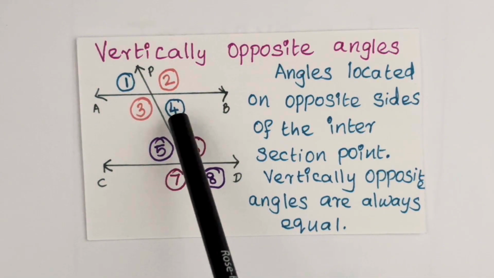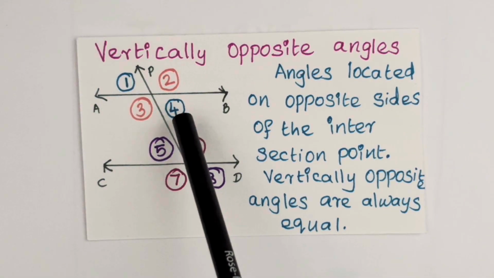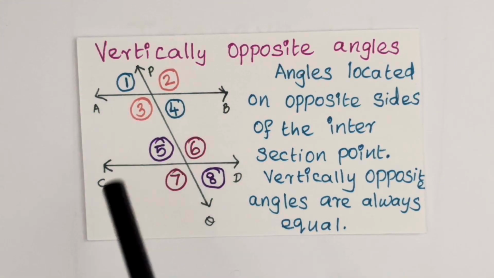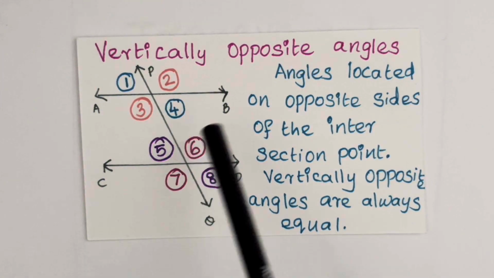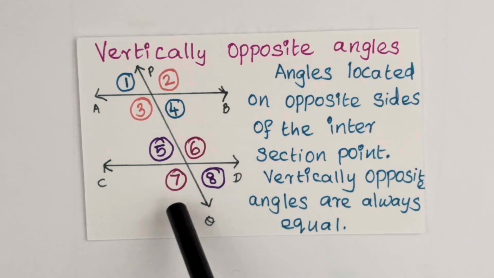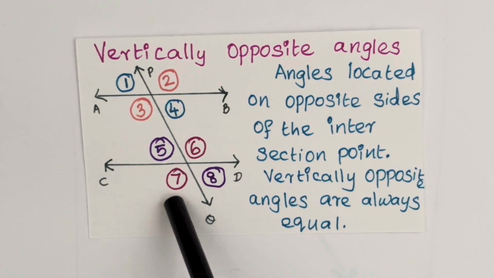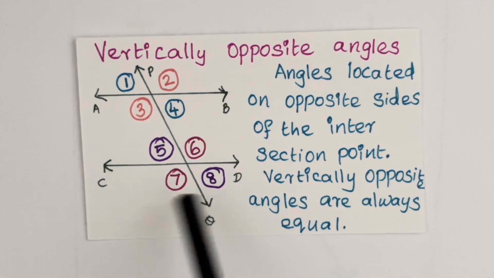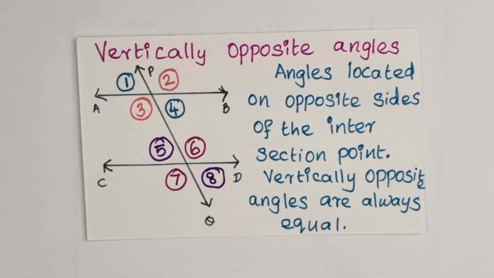Angle 1 and angle 4 are vertically opposite angles, angle 2 and angle 3, angle 6 and angle 7, and angle 5 and angle 8 are vertically opposite angles. Vertically opposite angles are always equal.